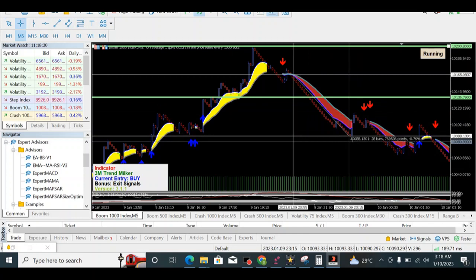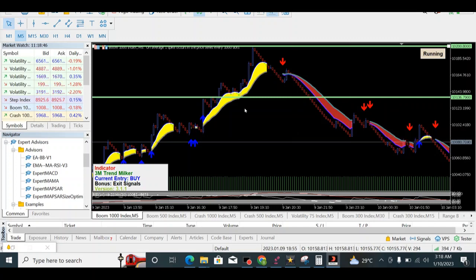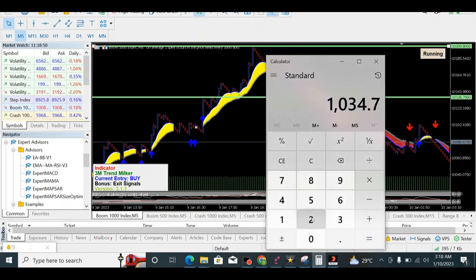Of course there will be spikes happening here and there because there will always be pullbacks, but it won't be a major one that will affect the profits you are making or even your capital. From the entry point to this point alone has given us 28 candles. If you do your calculations very well, 28 times 5 gives the amount of minutes spent in the market already. That is 140 minutes in the market.